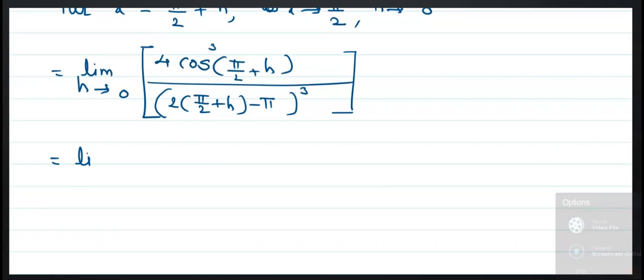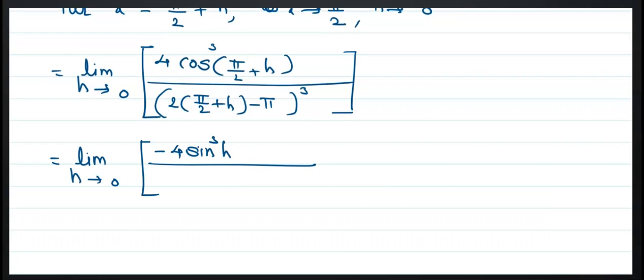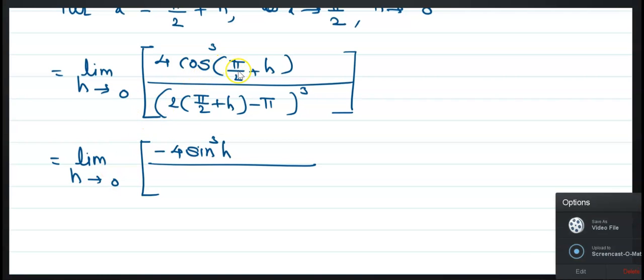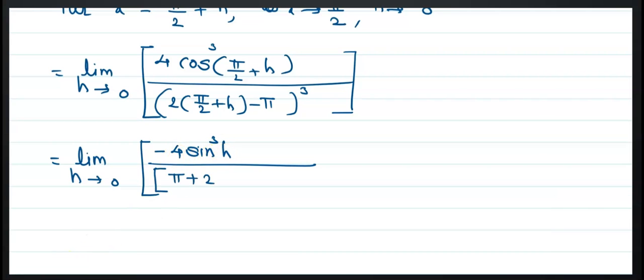If you multiply it, then you will get limit h tends to 0, 4. Now what's happening here? Cos of pi by 2 plus h becomes minus sin h, and minus sin h three times, overall it becomes minus sin cube h. Therefore, limit h tends to 0, minus 4 sin cube h upon. This is the simplification.